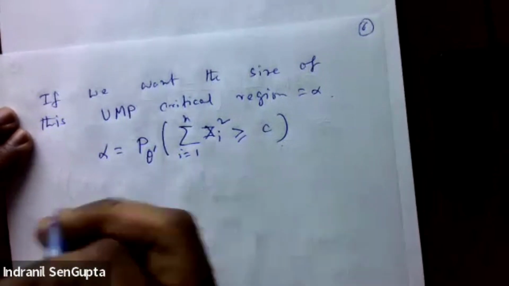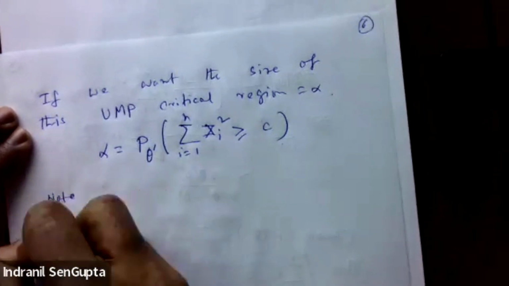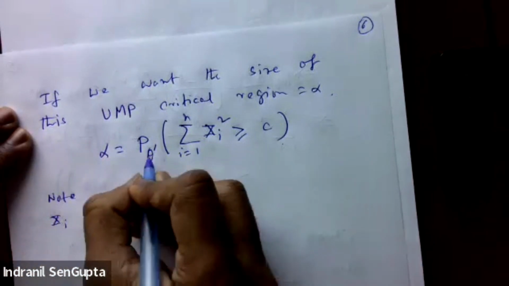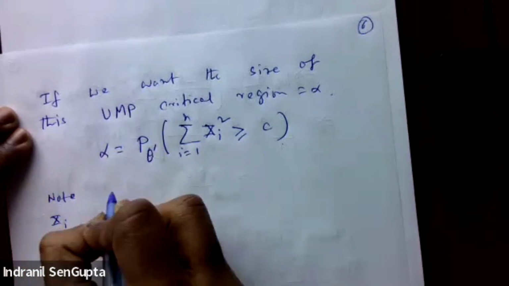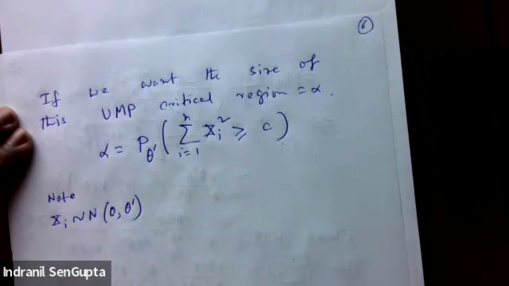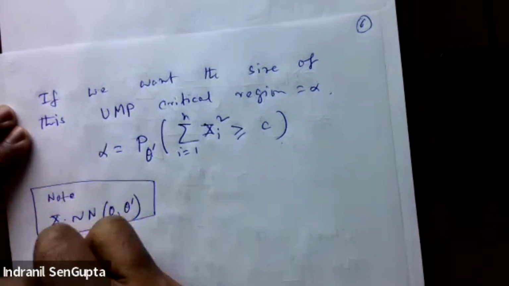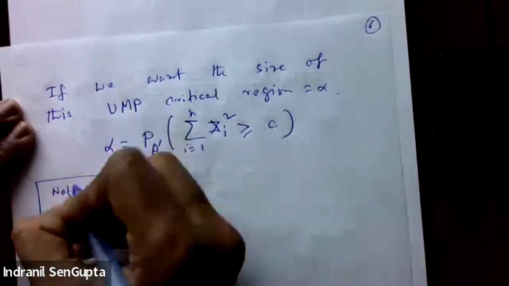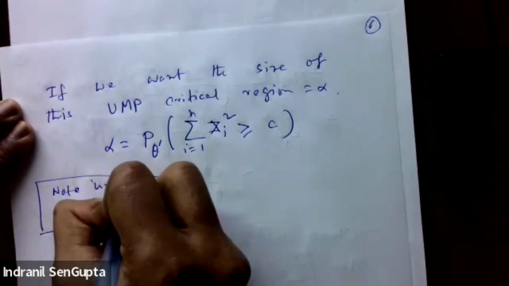Now note that each of these xi's follows a normal distribution. Under the null hypothesis, they follow a normal distribution with mean 0 and variance theta prime, for i equals 1 to n under H0.